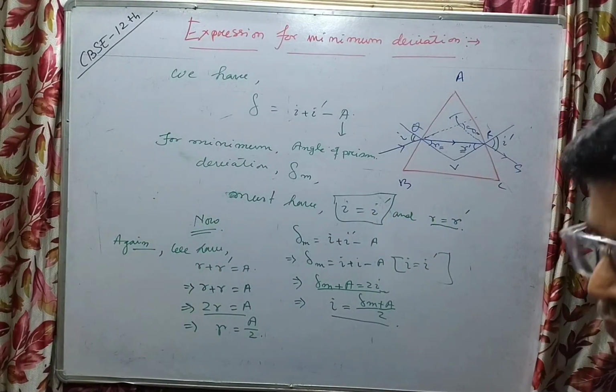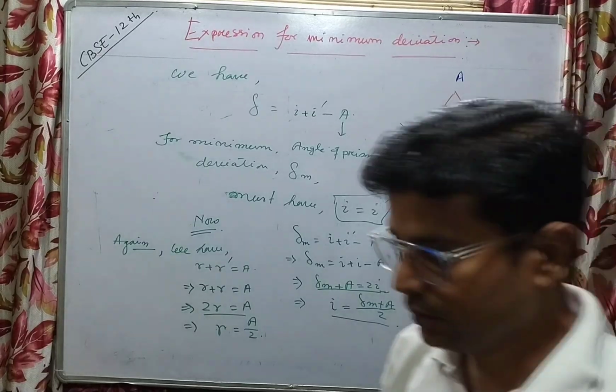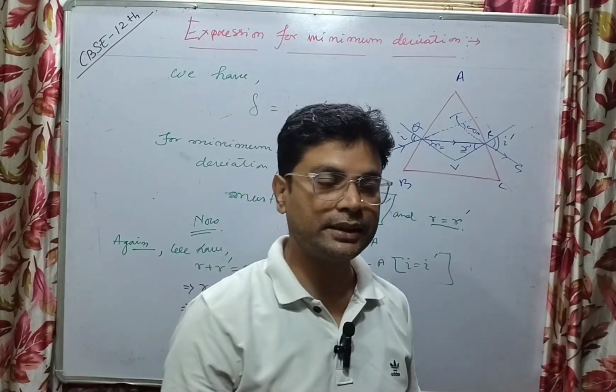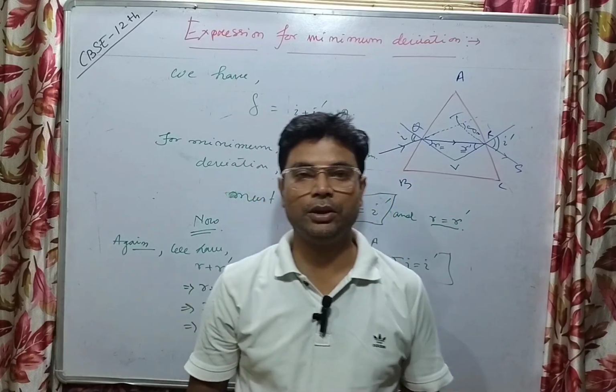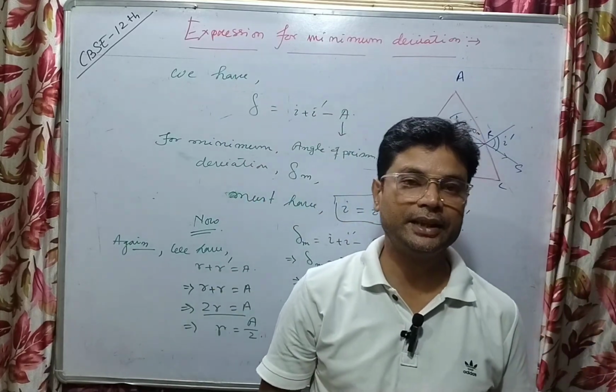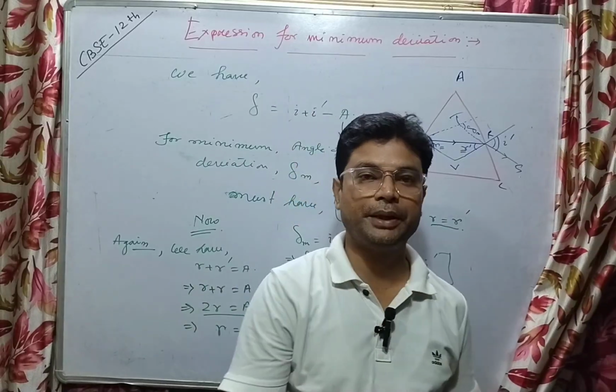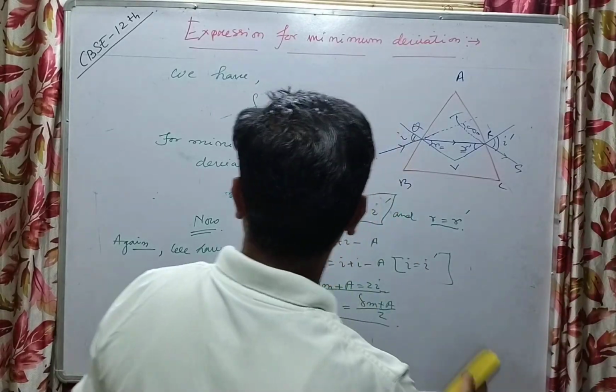Now, from Snell's law of refraction: what is Snell's law? Sin I by sin R is equal to the refractive index of the two different media. Now I am going to use that.